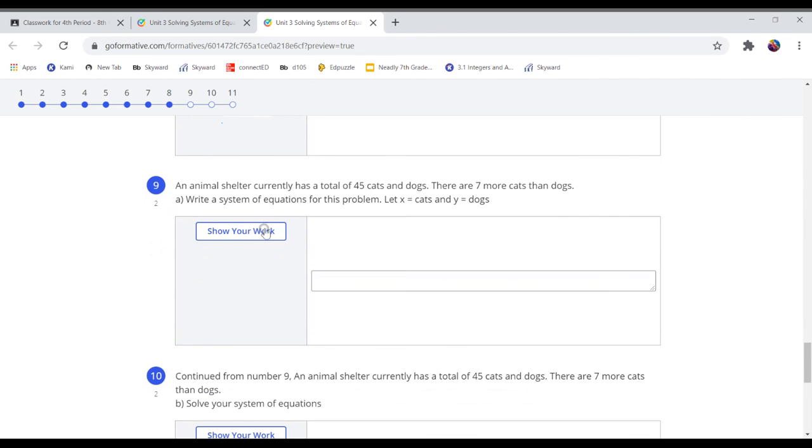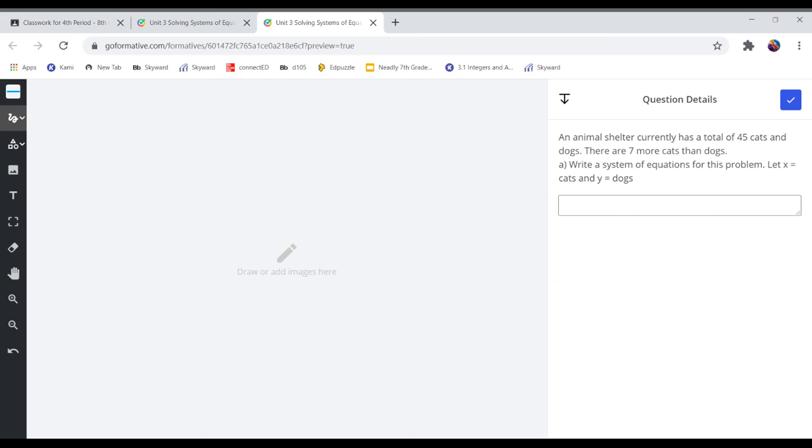All right, number 9. The animal shelter currently has a total of 45 cats and dogs. There are 7 more cats than dogs. Write a system of equations for this problem. Let x equal the number of cats, and y equal the number of dogs. The first sentence says the shelter has a total of 45 cats and dogs.